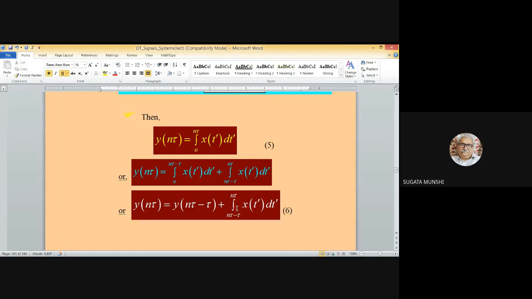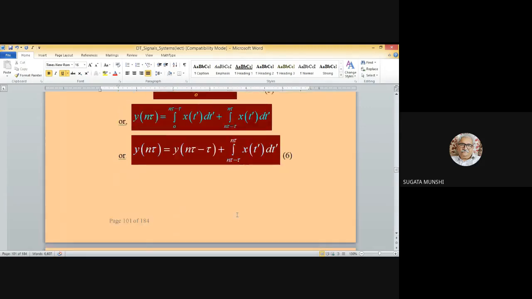So now the task remains to represent that area from a knowledge of the input sample and a knowledge of tau. So how to calculate that area? You cannot calculate it exactly. Some approximations have to be made.